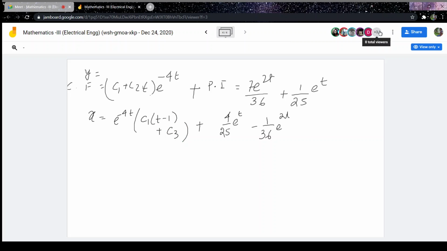No, this part will be 4 by 25 e to the power t minus 1 by 36 e to the power 2t.